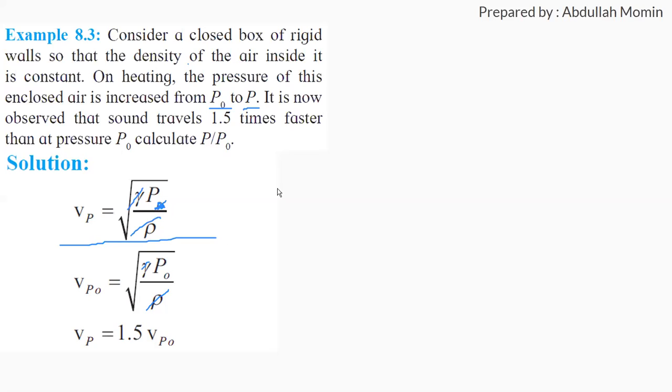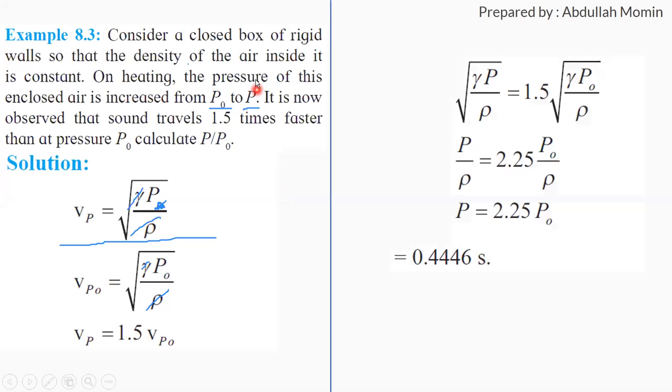And now we will get the equation as, instead of V at P, we will put this equation, and instead of V at P naught, we will put this equation. So gamma cancels, rho cancels. Squaring on both the sides, P is equal to 1.5 squared P naught. The square of 1.5 is 2.25, so P is 2.25 P naught.